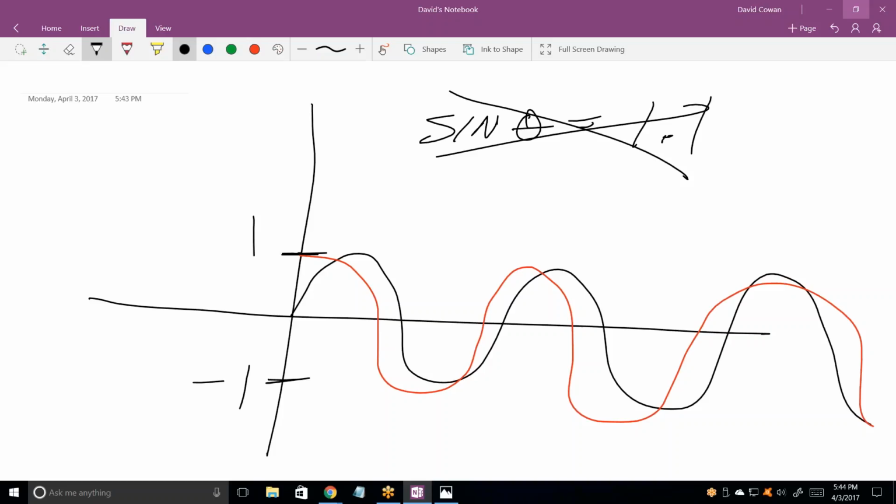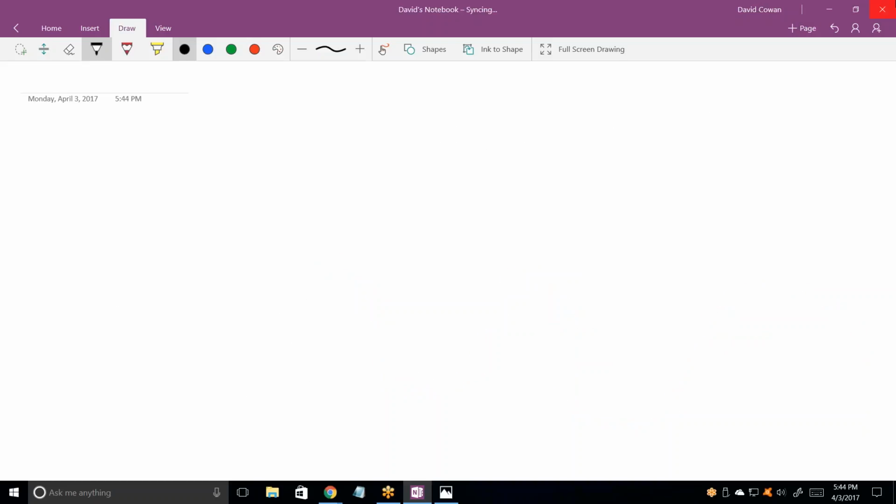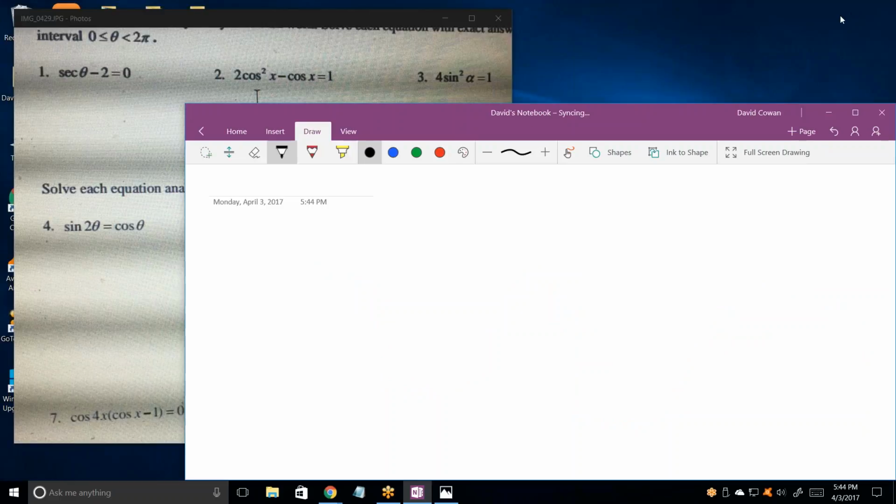That's impossible. And they will give you problems sometimes that when you go to solve the quadratic, you get that. So you've got to watch out for it, because you will see problems where they tell you the sine of an angle equals an impossible number.